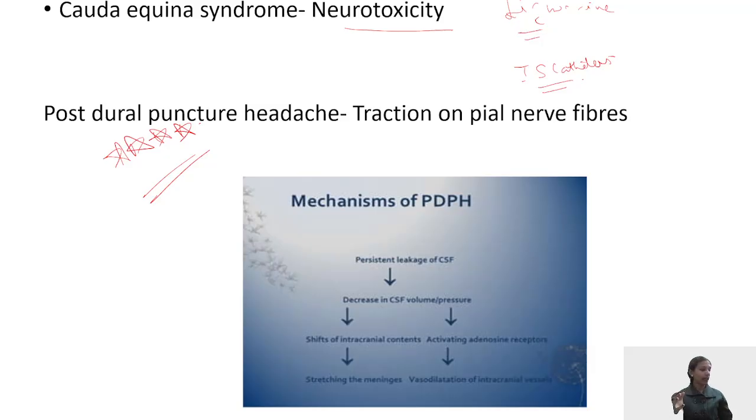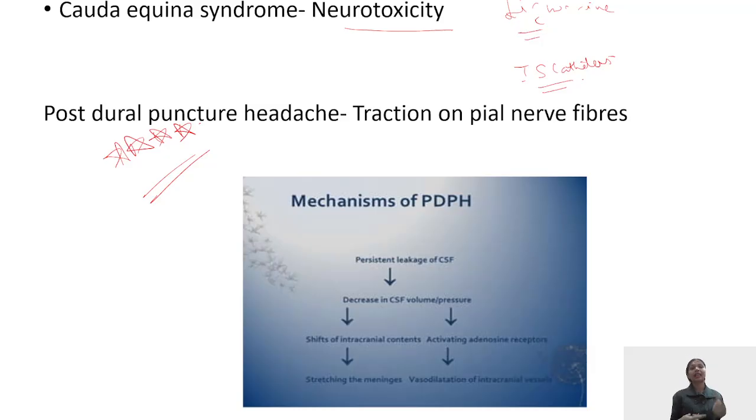Because of that traction, we have a stretch of the intracranial contents, and we have the activation of the adenosine receptors. Because of that stretch or activation of the adenosine receptors, we can have vasodilation of the intracranial vessels, and stretching of the meninges is present. This leads to traction on the pain nerve fibers and eventually leads to post-dural puncture headache.